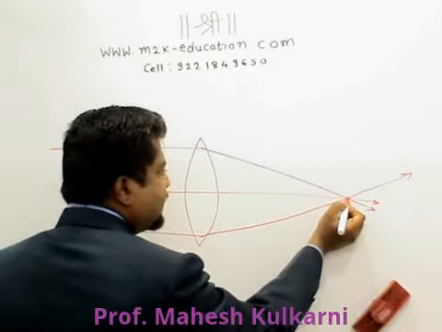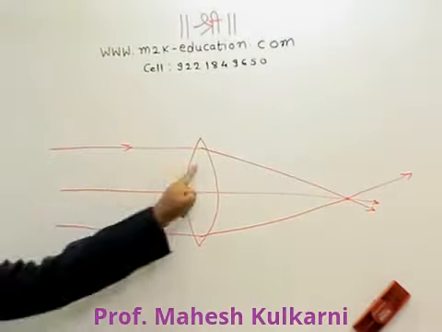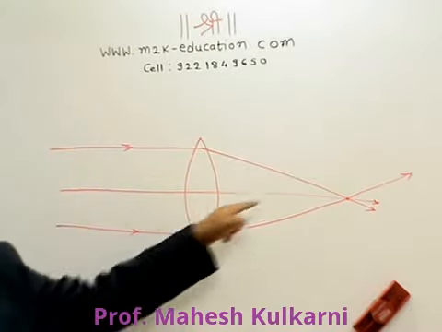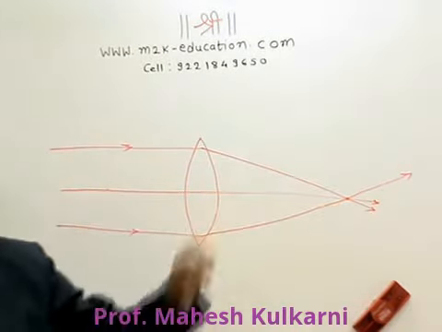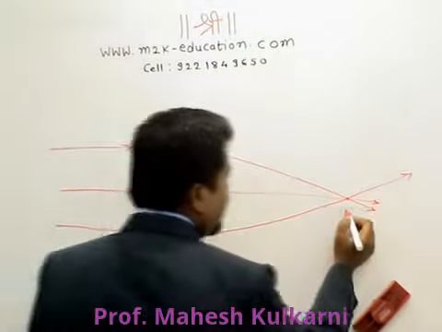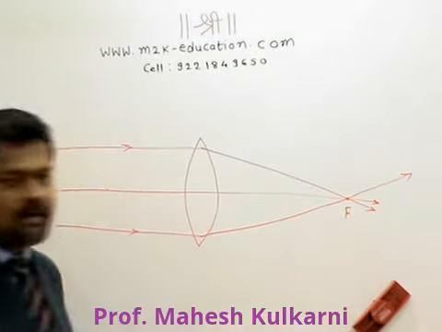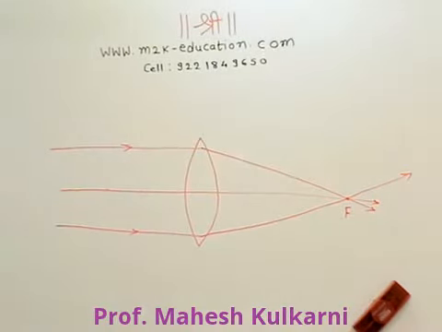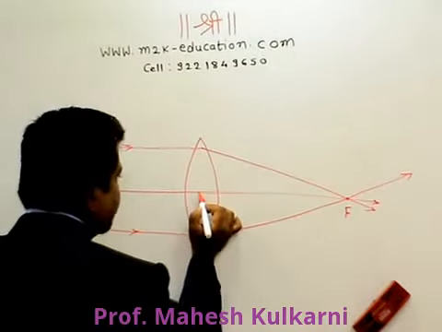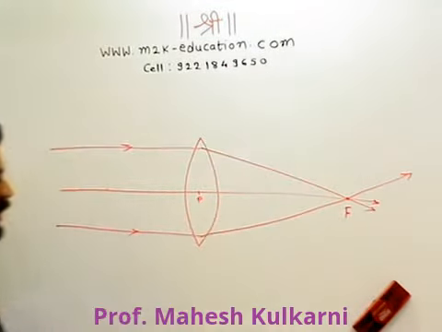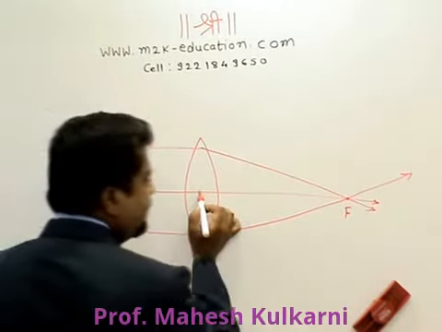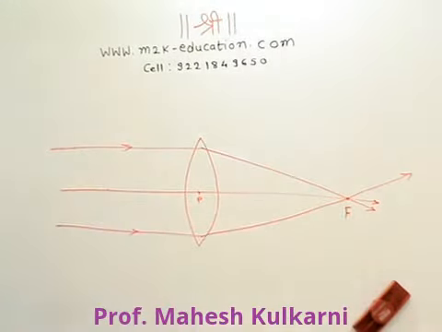So every radiation passing parallel to the principal axis appears to unite at one point, and that point we call the focus of the lens. This is the center of the lens, I am denoting it with point P. The distance between this P and F is called the focal length of the lens.